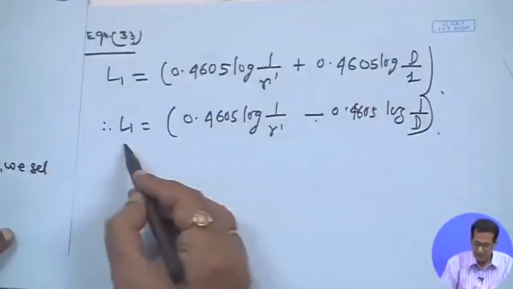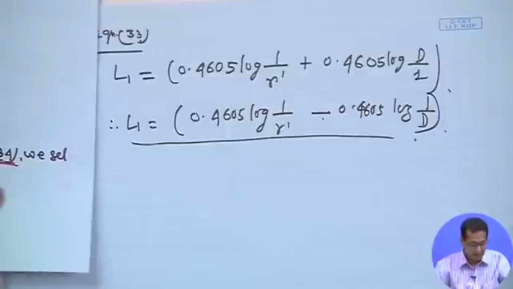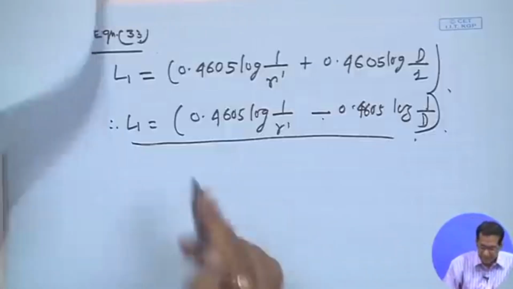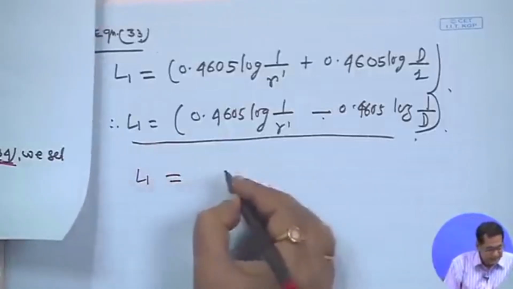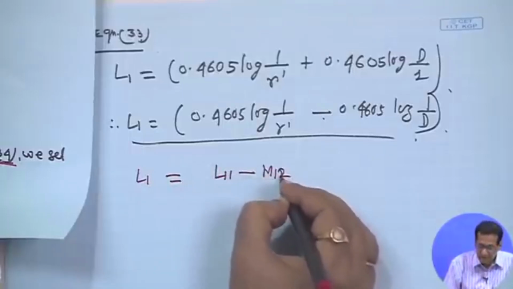This is now equation 33, and next if I put equation 40, that is L1 is equal to L11 minus M12, right.